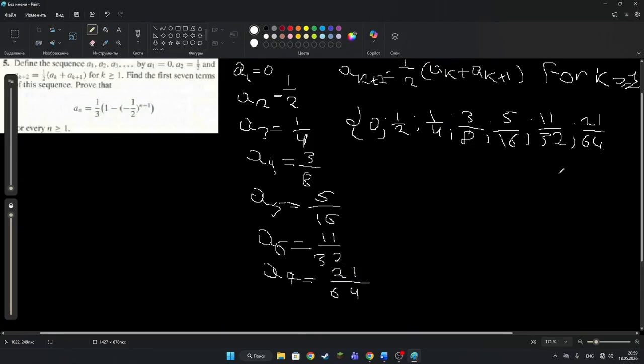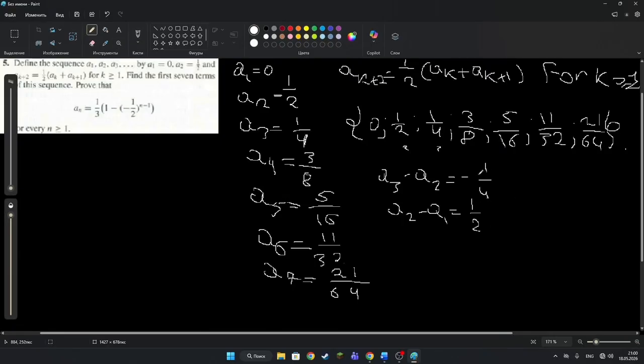So if we look at this correctly, we can say that, for example, a3 minus a2 is minus 1 divided by 4. If we take a2 minus a1, it's 1 divided by 2.